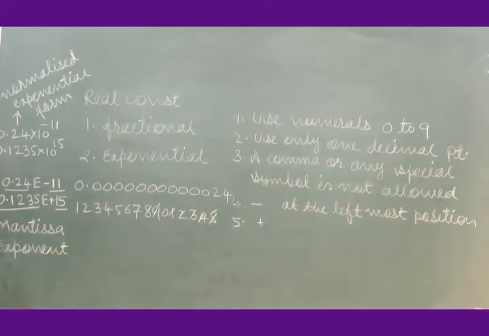So whenever a real constant is represented in exponential form, it will be written this way. The part before E is the mantissa. The part after E is the exponent.